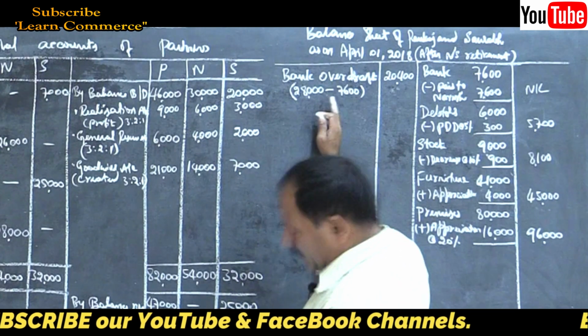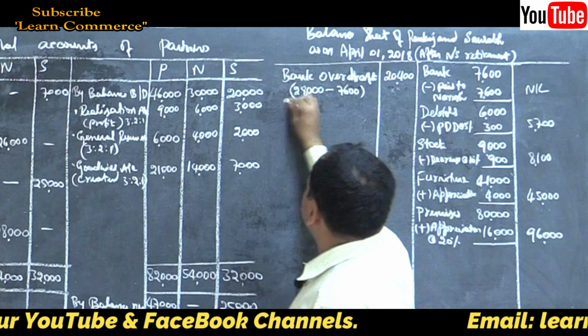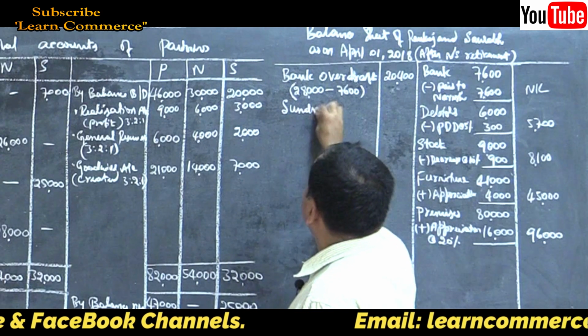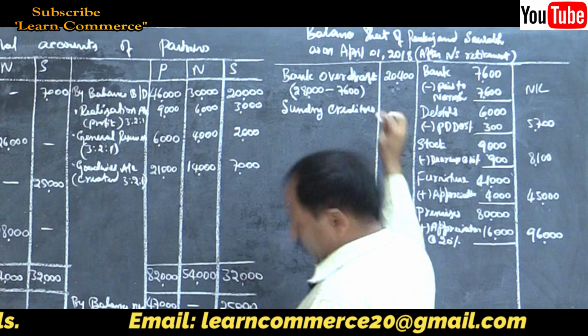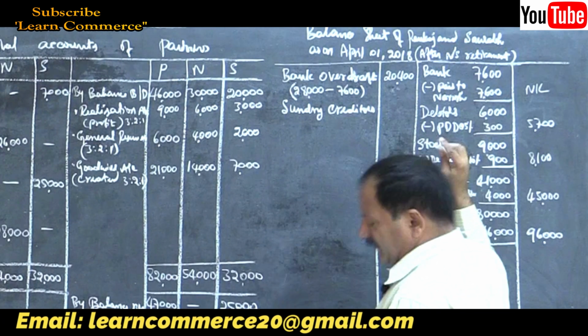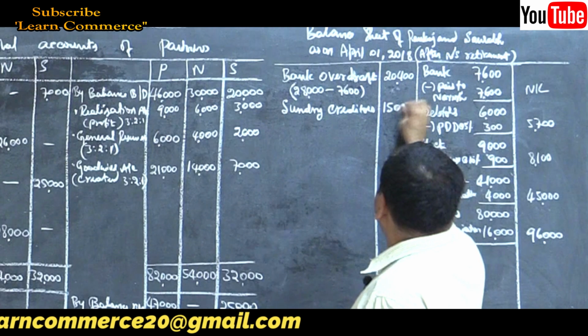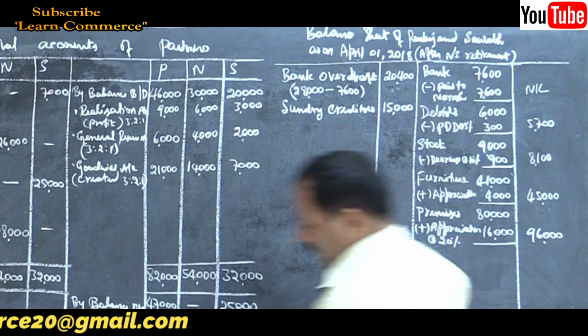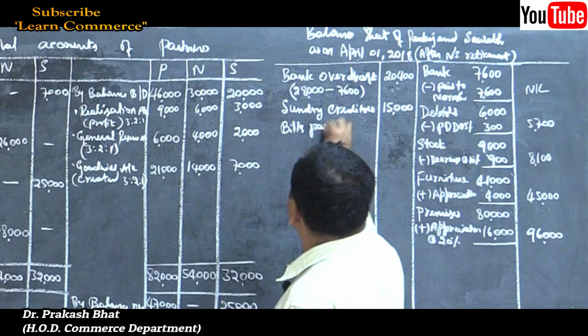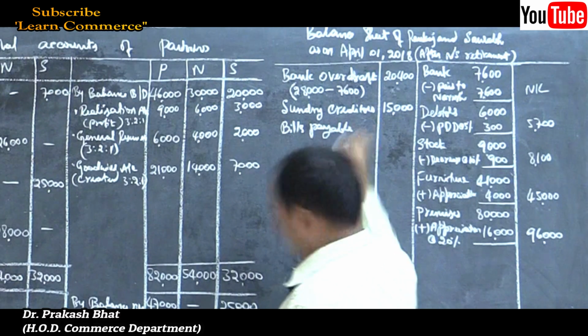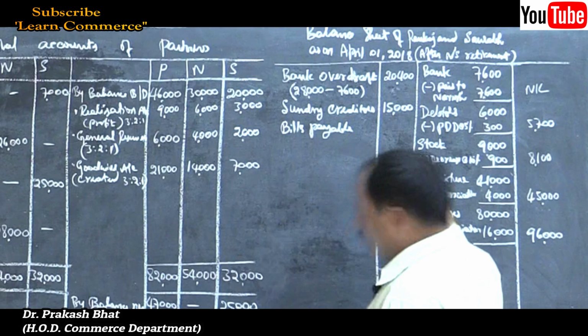Very simple. Just move on to liability side. One liability is already written. Then sundry creditors. How much? 15,000. Then bills payable. How much? 12,000.